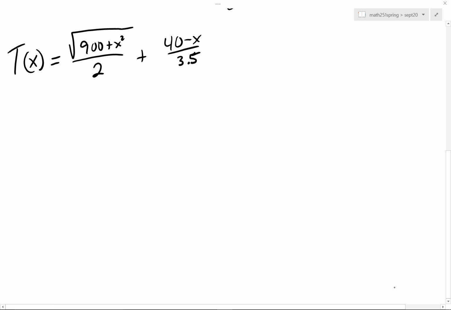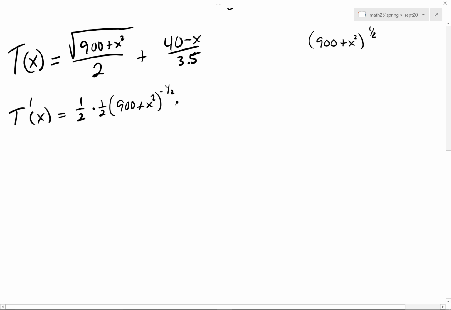Now, how do you do the derivative here? Well, let's find out. Again, that half just stays out front. It's a constant. It doesn't hurt anything. Remember, the square root is really this. So if you bring it down, it's going to be times another half. 900 plus x squared to the minus a half. Ooh, it's a chain rule. The derivative of that is 2x.